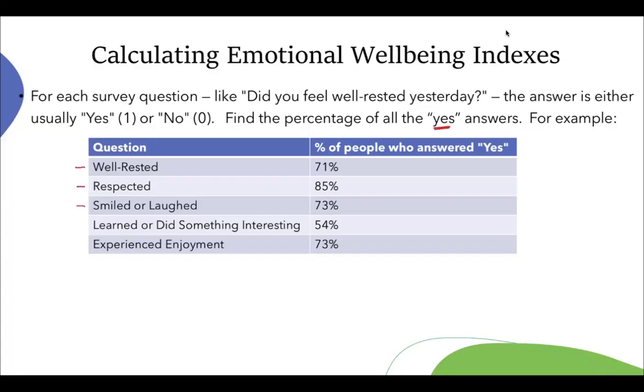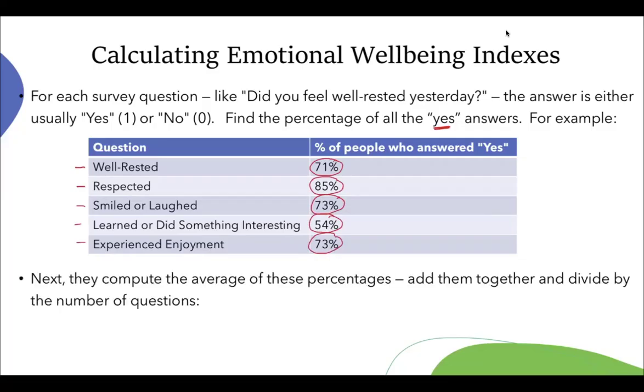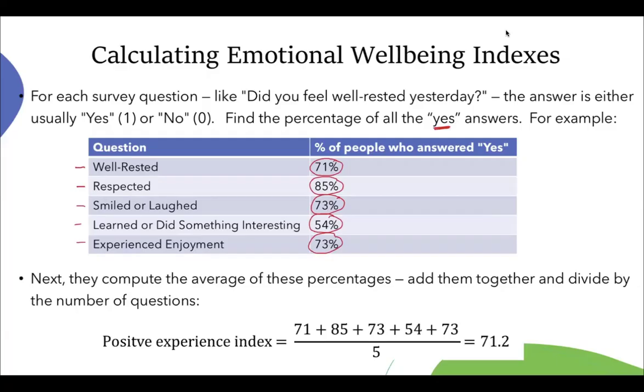Did you smile or laugh? Did you learn or do something interesting? Did you experience enjoyment? So all the yes answers are tabulated, and the percent of people answering yes to those questions is constructed. And we have 5 percentages. Now, the average of those 5 is calculated, and that makes up the entire positive experience index.